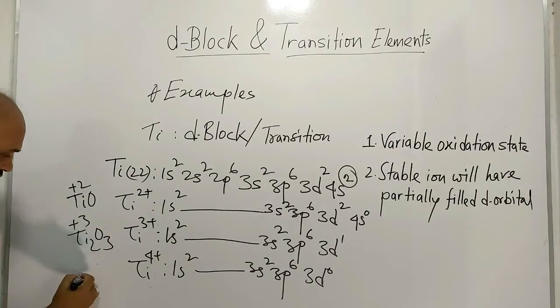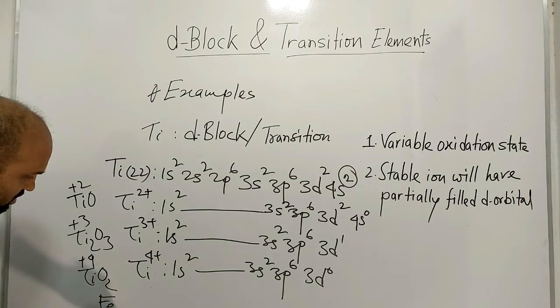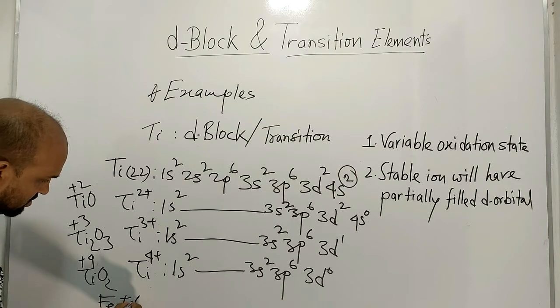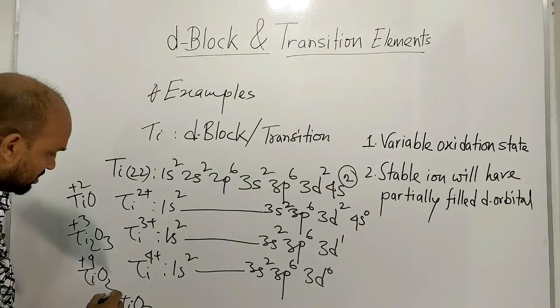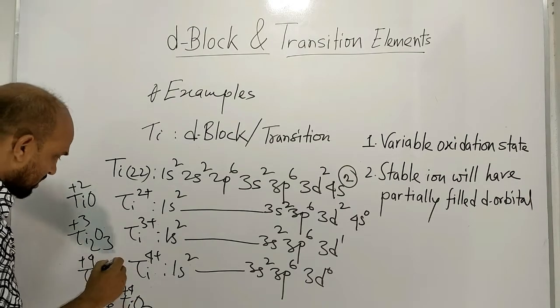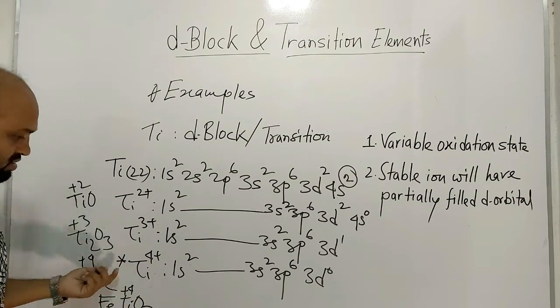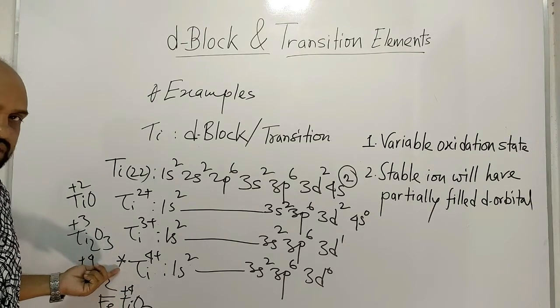This is the stable ion. The compound is like titanium oxide, here 4 plus. Another compound, ilmenite. This is another compound of titanium, ilmenite, where oxidation state is +4. This ion is a stable ion. Stable ion is indicated by asterisk.